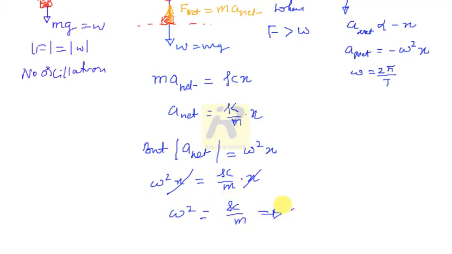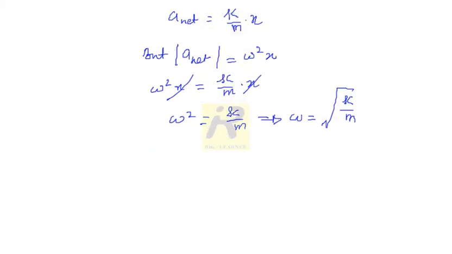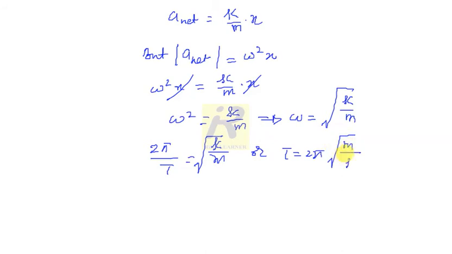Omega square becomes simply k divided by m. So omega is equal to under root k divided by m, or 2 pi divided by T is equal to root of k divided by m, or T is equal to 2 pi root m divided by k.